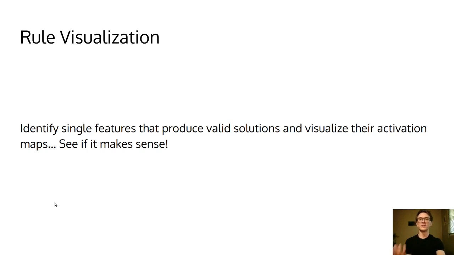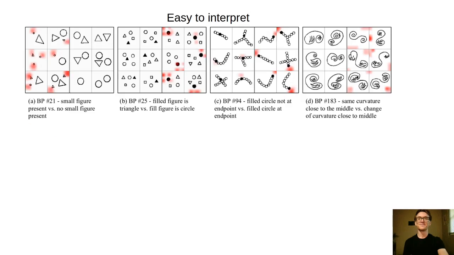So to visualize the rules that our approach learns, we'll consider single features which produce valid solutions, and we'll visualize their activation maps and try and make sense of them. So sometimes these rules are quite easy to interpret.